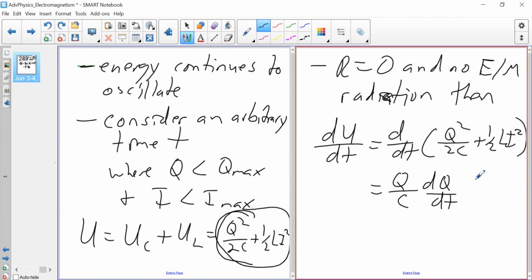Q over C dQ/dt plus Li di/dt. And the sum of those changes equals 0.